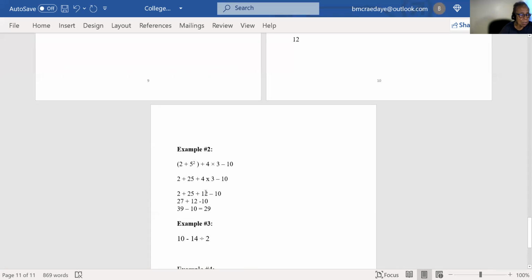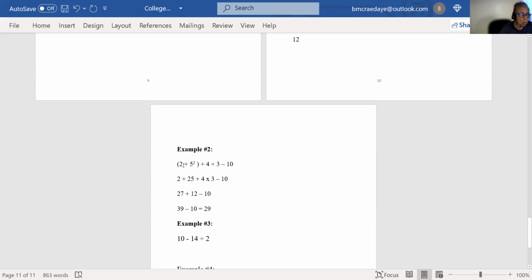You didn't have to do this because it says do everything in parentheses. So you could really put the 27 here. Right? And then we did the plus, and then the 4 times 3 is 12. Because we should complete what's in parentheses.